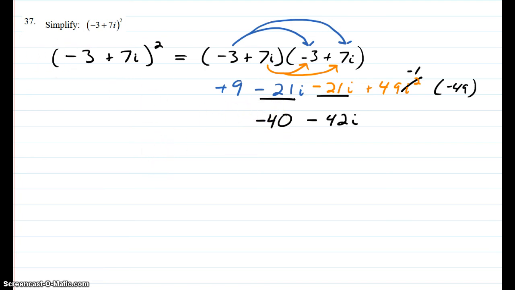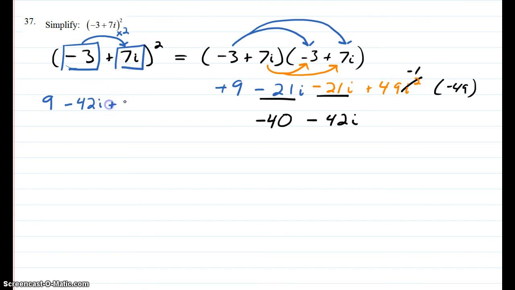Now, if you remember my shortcut, we square. So negative 3 squared is 9. We multiply and double. So negative 3 times 7 is negative 21, doubled is negative 42i, and then we square.